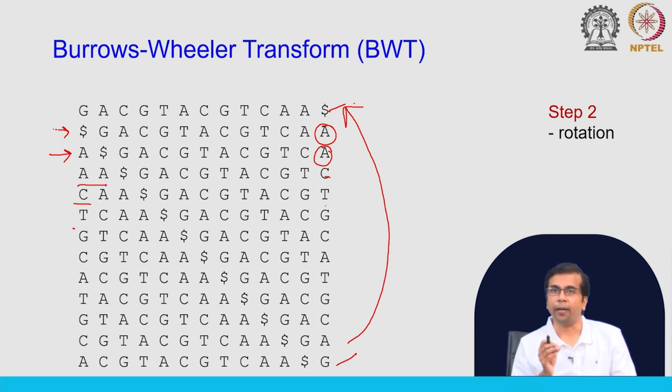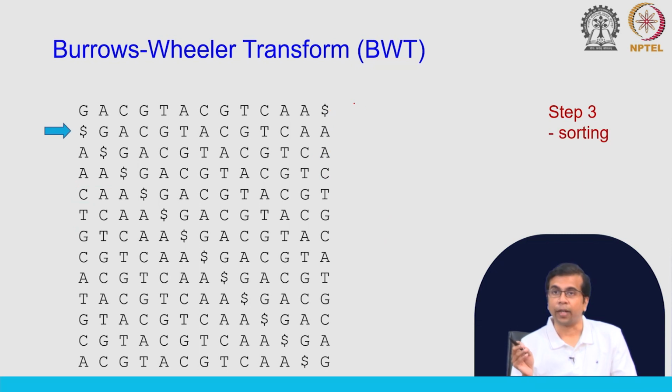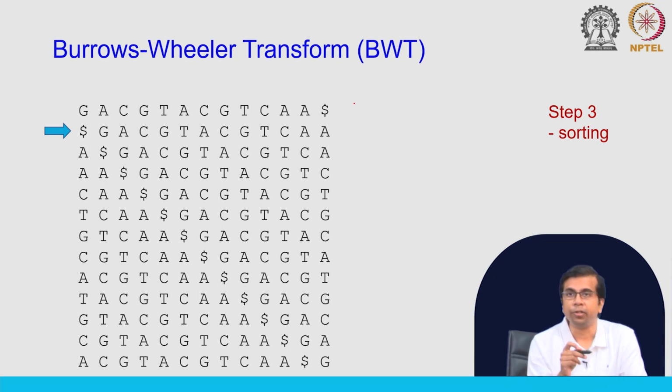Once we have generated these rotations, we take the original string and the rotations and do the sorting. Here we go to the sorting step. Please have a look carefully: once we sort all these strings, which one would be the first string that we pick?